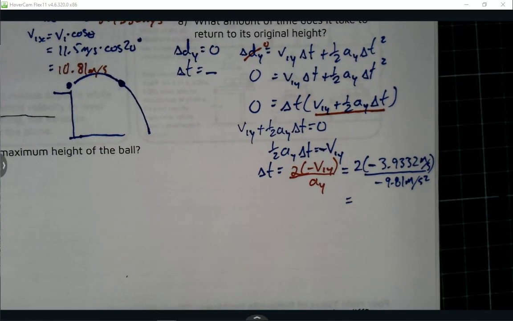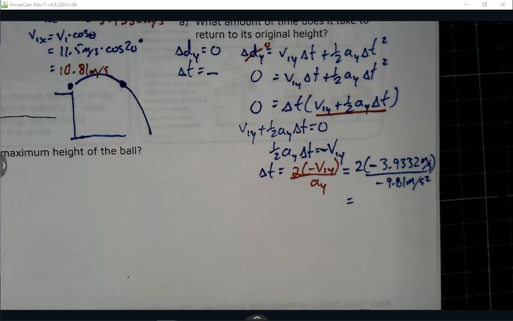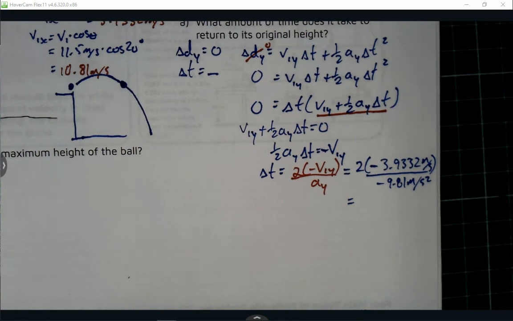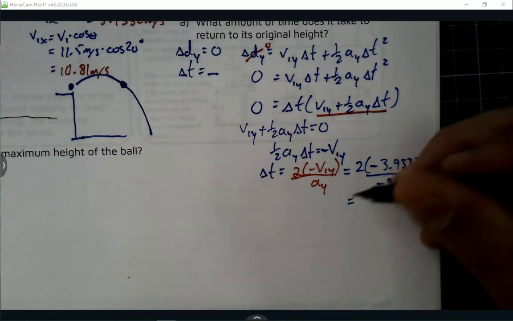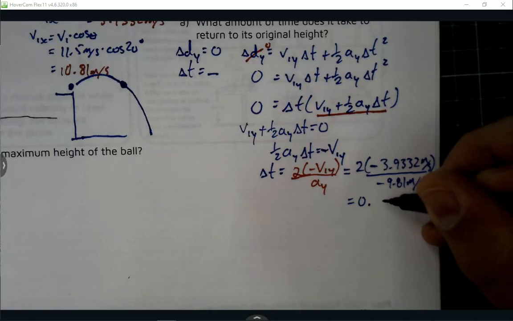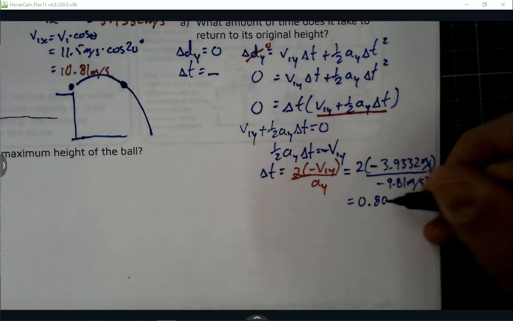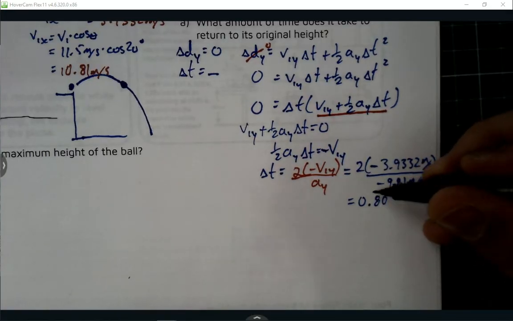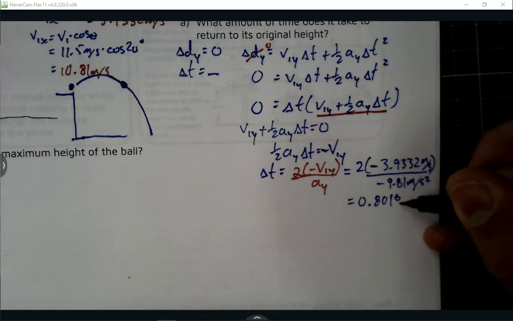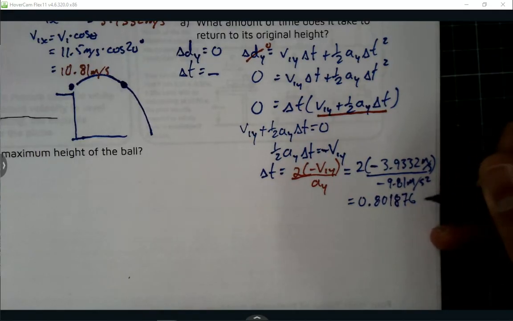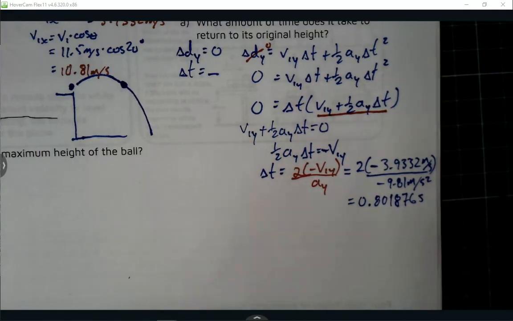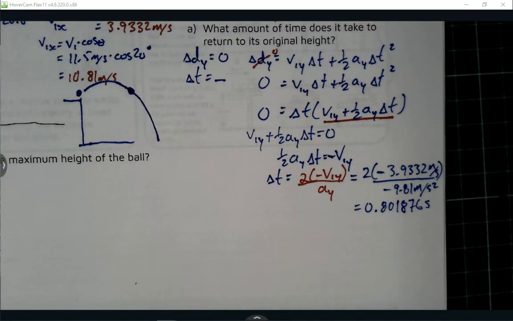I think it's going to start with an 8. 0.8 something. Oh, okay. Yep. 0.801876, okay. Seconds. So not even a second to get back to its original height.